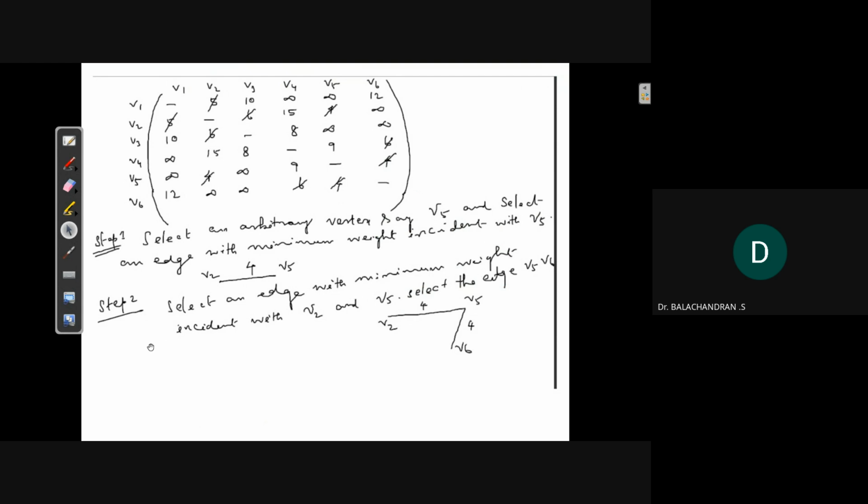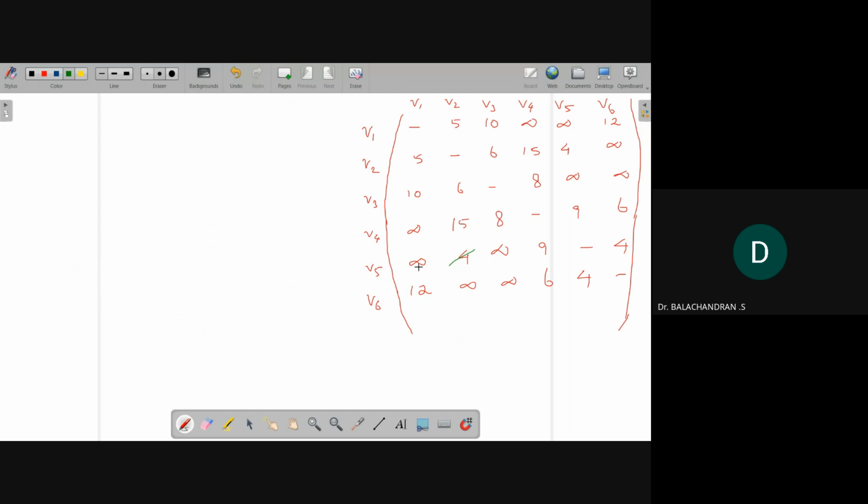Select an edge with the minimum weight incident with either V2 or V5. I am going to check which is minimum. For V5, other than the one already crossed, V4 is 4. For V2, again I have 4. Either you can choose V2, V5, or V5, V6.